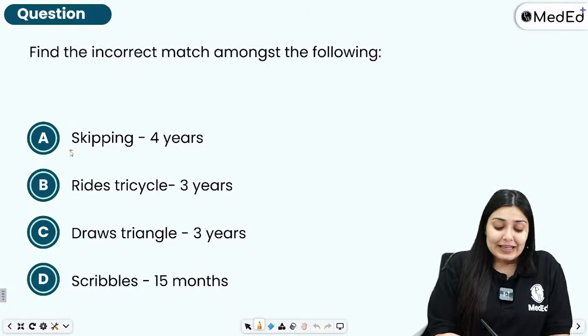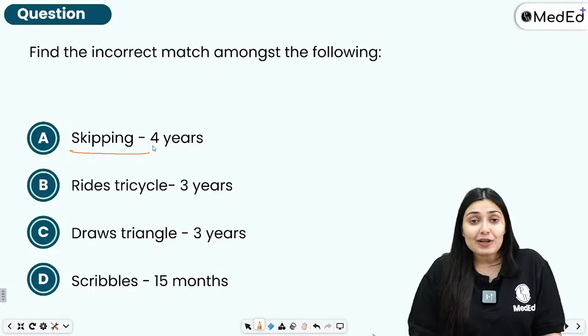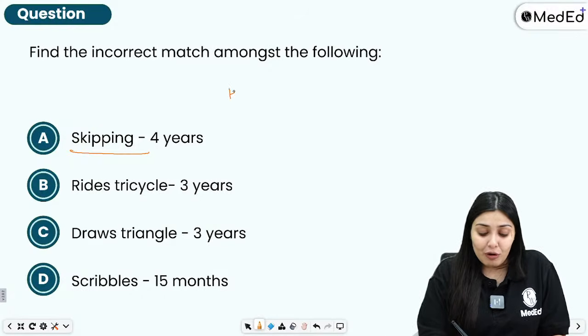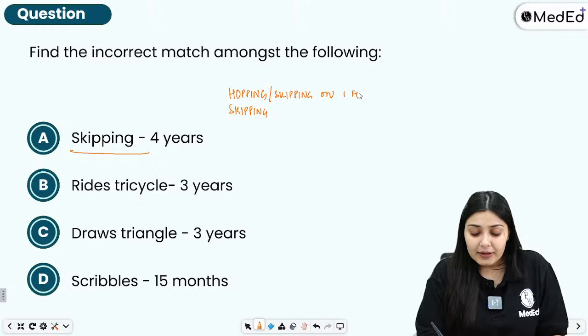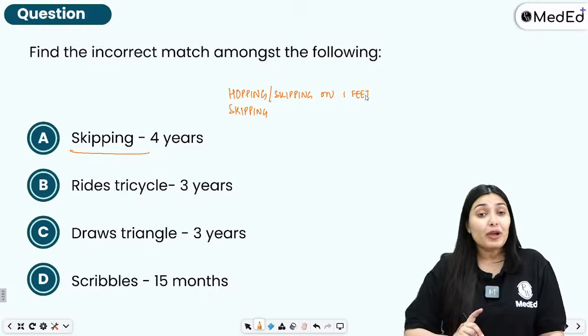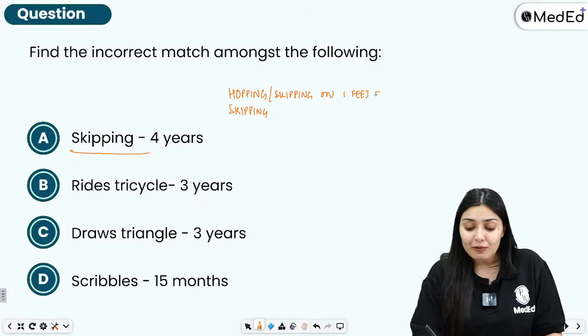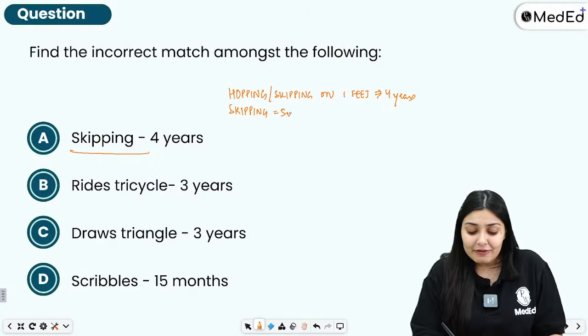So is skipping at 4 years correct or not? Hopping or skipping on 1 foot comes at 4 years. Skipping comes at 5 years.